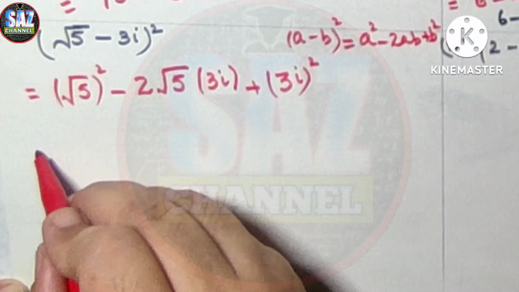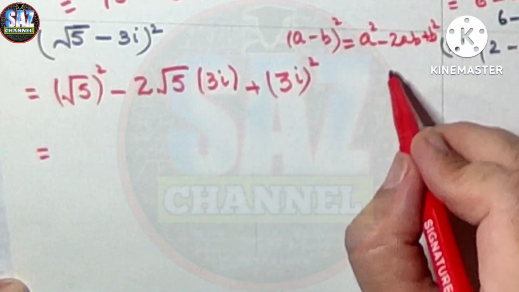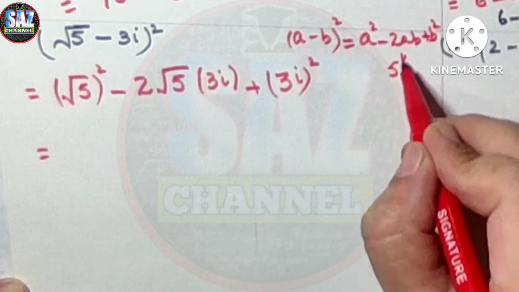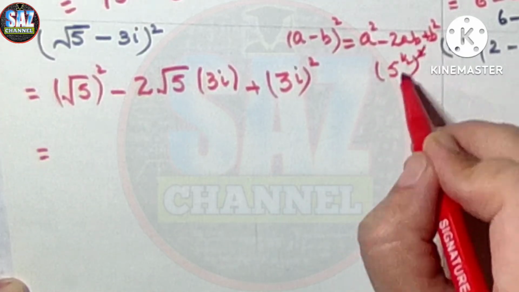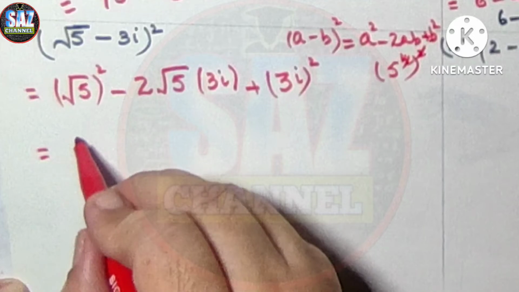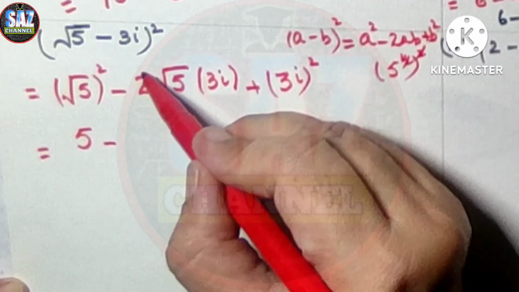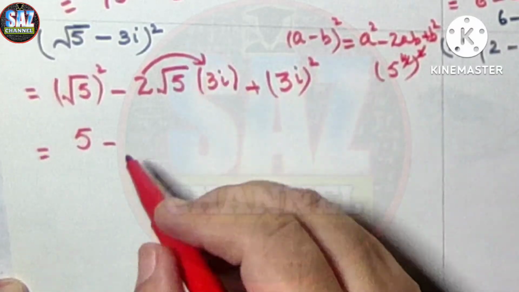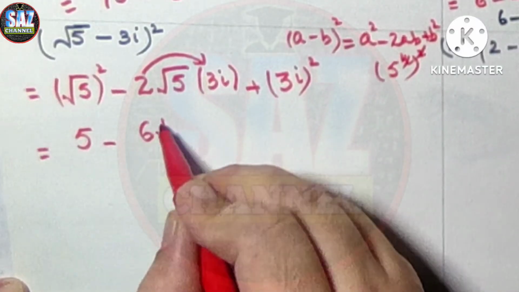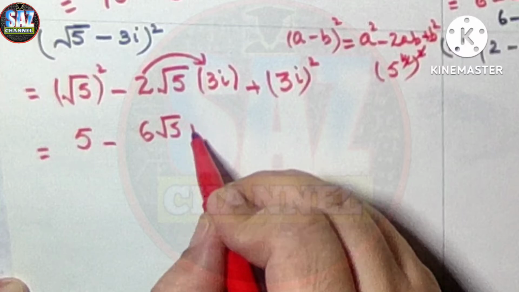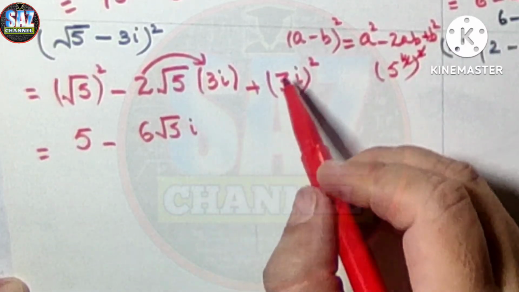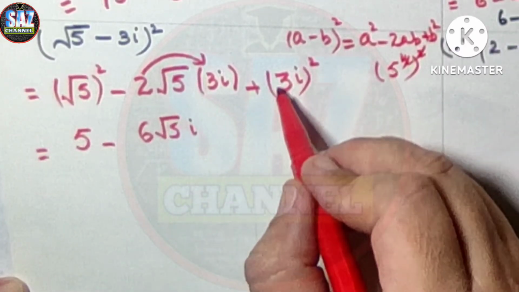Now, square root 5 means 5 raised to the power 1 by 2, multiplied by 2, this goes with this, and I will have 5 minus 2 times 3 is 6 under root 5 iota, and this is 3 square and iota square.